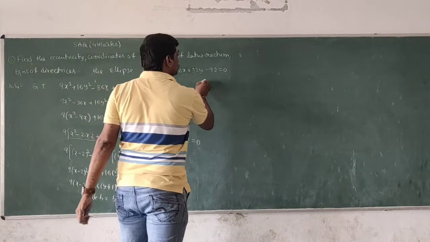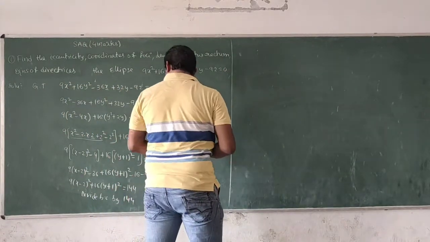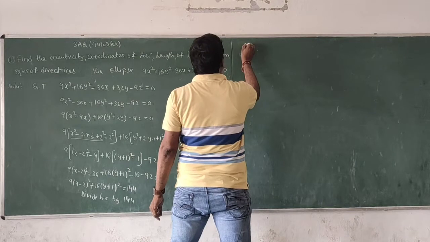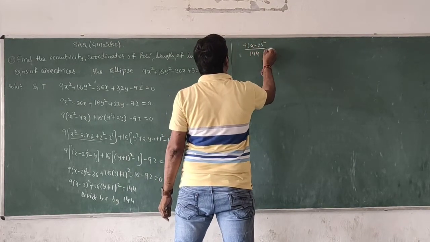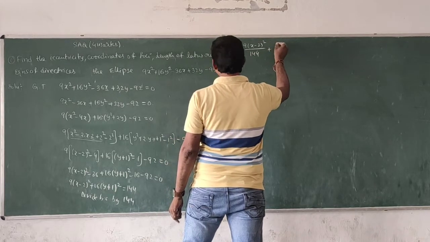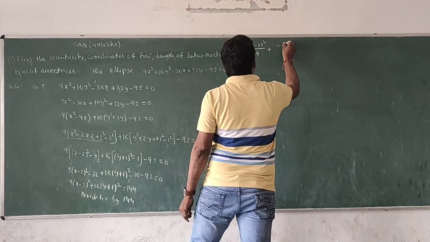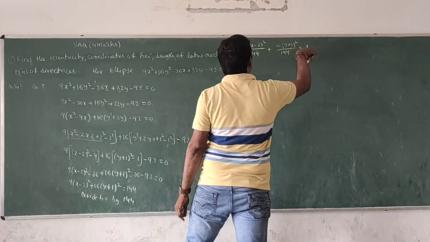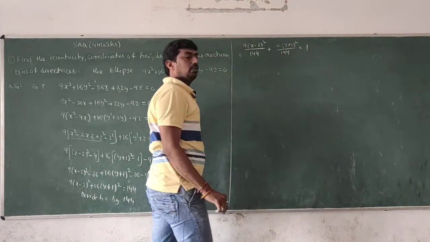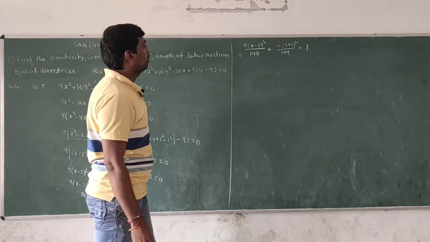So 9 into (x minus 2) whole square by 144 plus 16 into (y plus 1) whole square by 144 equal to 144 by 144, which is 1.